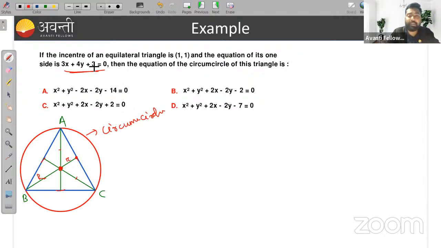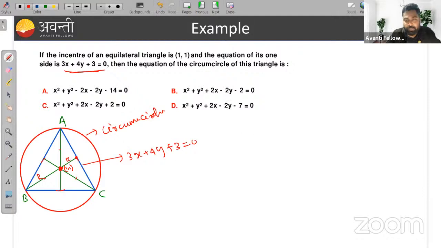It is already given that the coordinate of this point is (1, 1), and the equation of one side, suppose AC, is 3x + 4y + 3 = 0. We need to find the equation of the circumcircle by using only these two pieces of information.